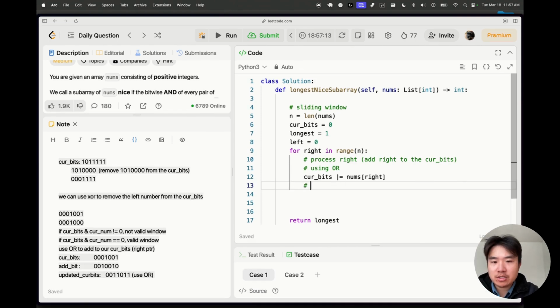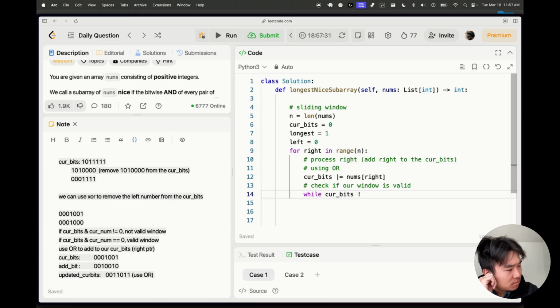Okay, so now I guess we need to check if our window is valid. So I think that's while cur bits not equals to 0.